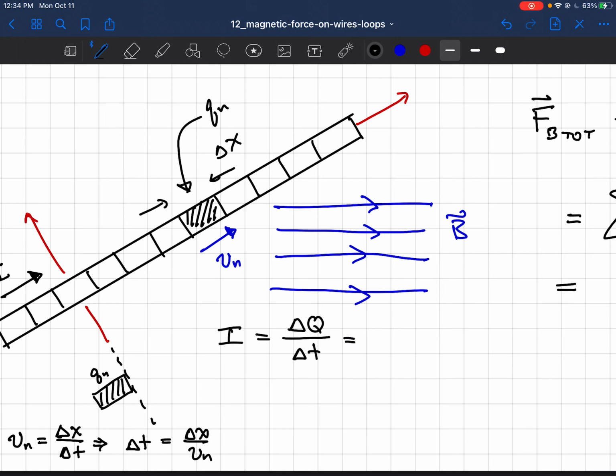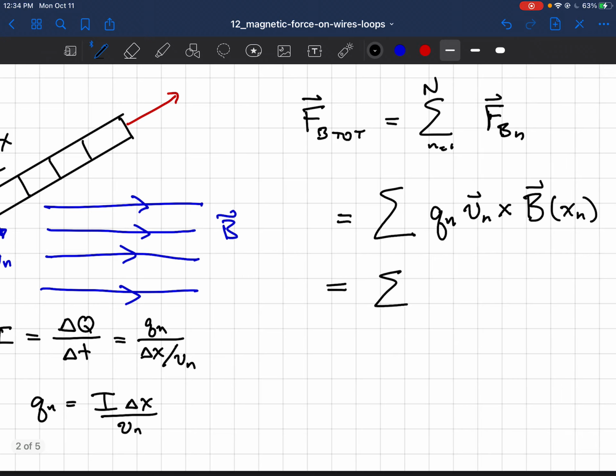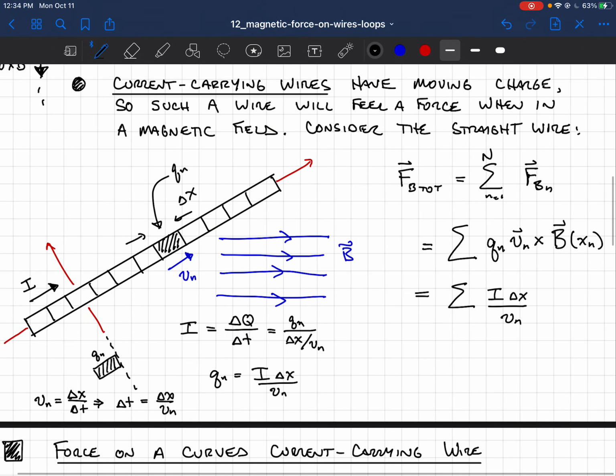So then we can say that if we take the amount of charge to go past some plane to be Qn, and we take the time to be delta x over Vn, then we could write Qn as I delta x over Vn. So I've just rewritten the moving charge in terms of the current that we have. So I can write then this as I delta x over Vn.